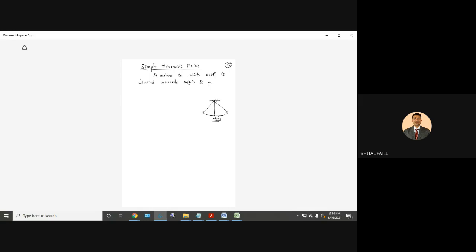and proportional to what? Acceleration is proportional to what in SHM? Displacement. Only displacement? Square of displacement?